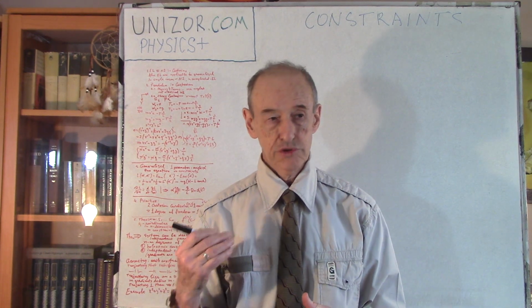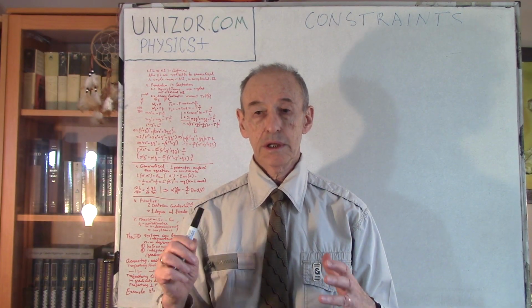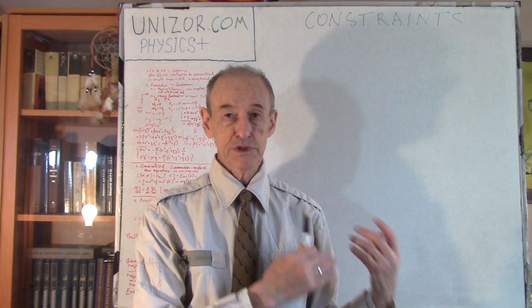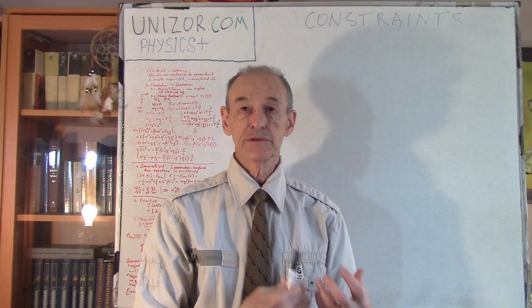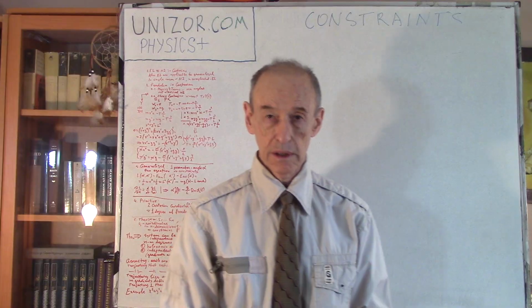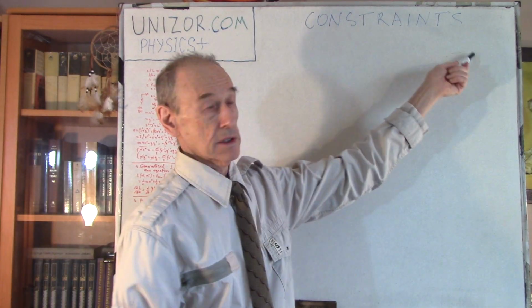So, generalized coordinates with Euler-Lagrange equation is the subject of this particular lecture, and one particular case when it's very, very important I'm about to present. So the case is related to constraints.